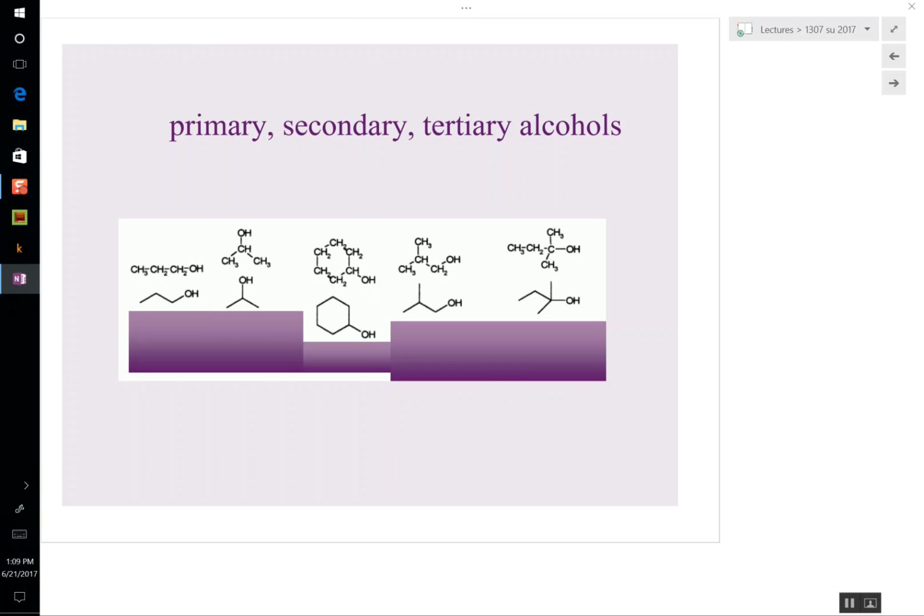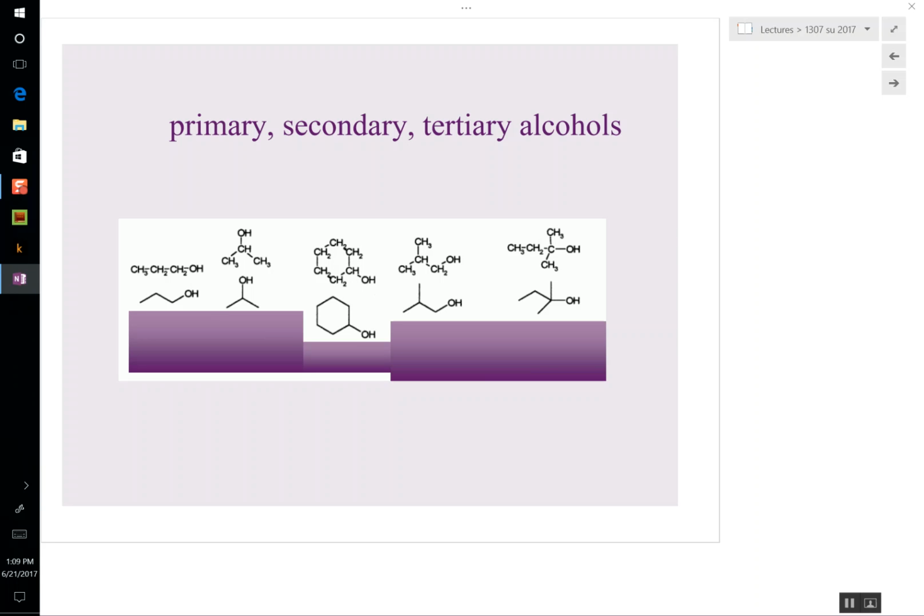Okay, primary, secondary, or tertiary? Primary, secondary, secondary, primary. Good, primary. You're seeing this over here, but that doesn't have anything to do with that OH. That OH is on that carbon, and we're not saying how many carbons are behind all of that, just how many carbons are directly attached to that carbon.